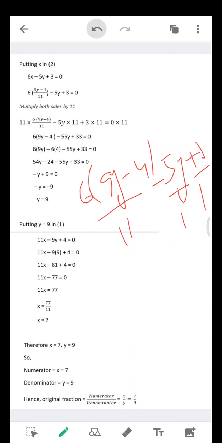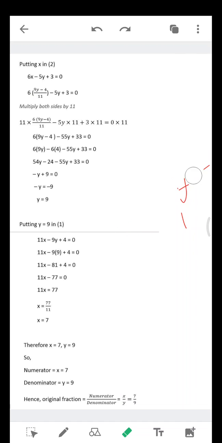It's your choice, either is correct. When you multiply both sides by 11, this 11 and 11 get cancelled, and what remains you should write below. So 6 into 9y minus 4 minus 55y plus 33 is equal to 0. Even if you do the LCM, you get the same step.